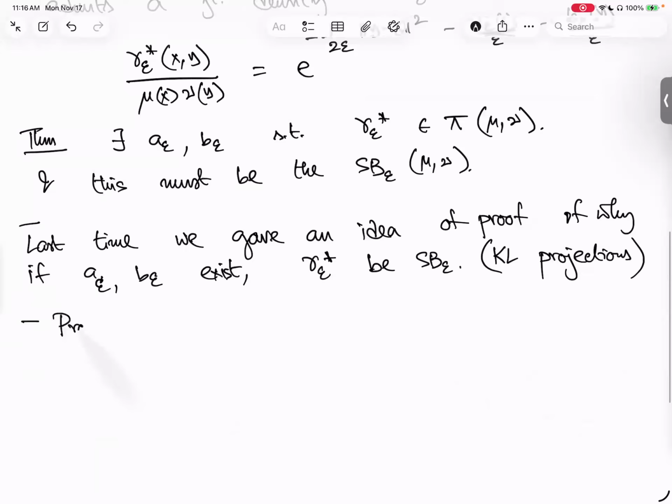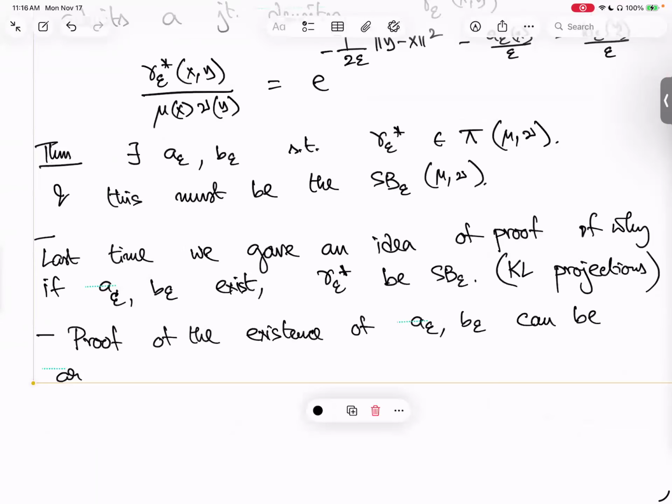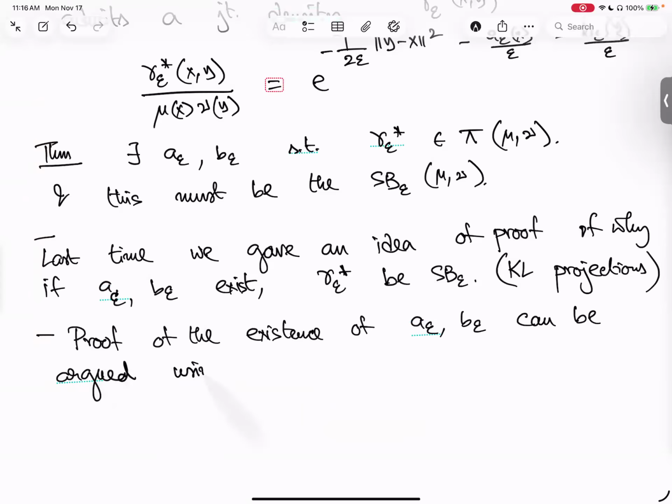So the proof of the existence of a epsilon, b epsilon can be argued using IPFP or Sinkhorn, and this argument is due to Fortet.